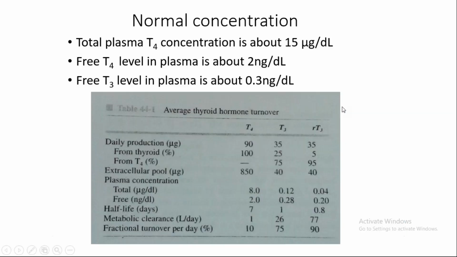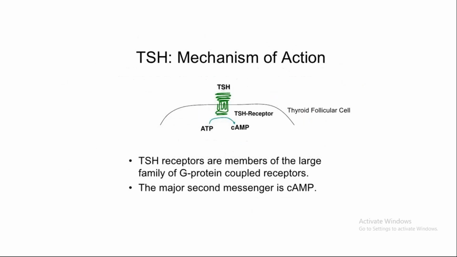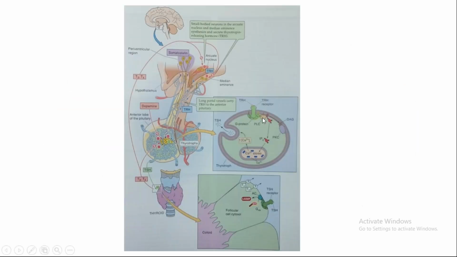And thyroid stimulating hormone is acting on the thyroid gland cell. I'm just repeating, in 5 minutes we will cover it. So the thyroid stimulating hormone receptor is present on the thyroid gland cell, and it activates adenylyl cyclase via the Gs protein, that is the second messenger system, and it also acts through the phospholipase C system.